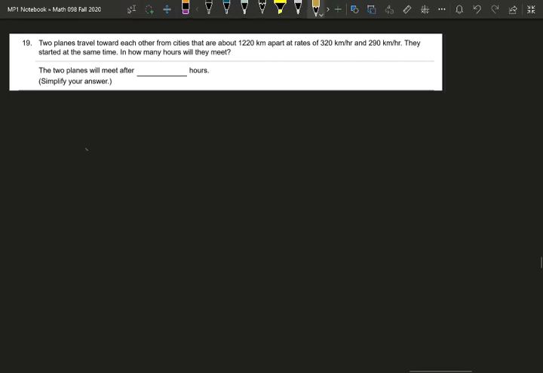So we have one plane right here, and this plane travels at 320 kilometers per hour. Then we have another plane right here.